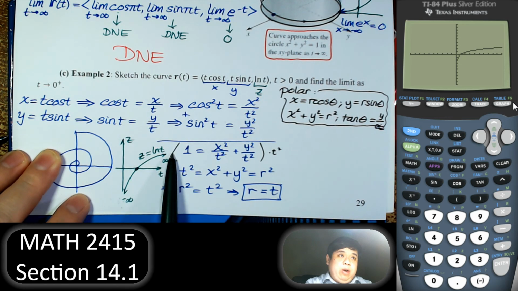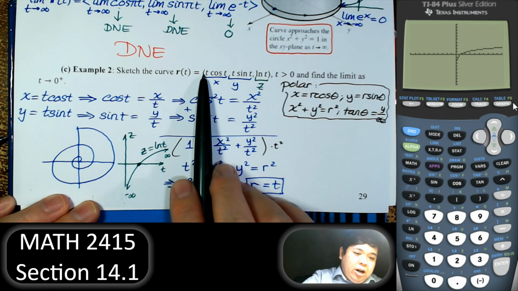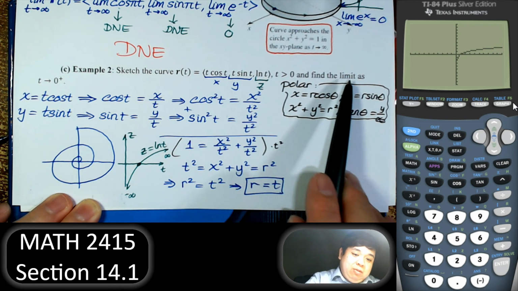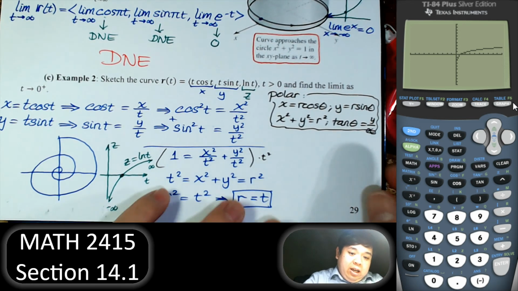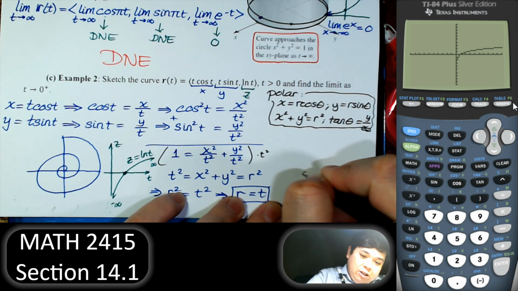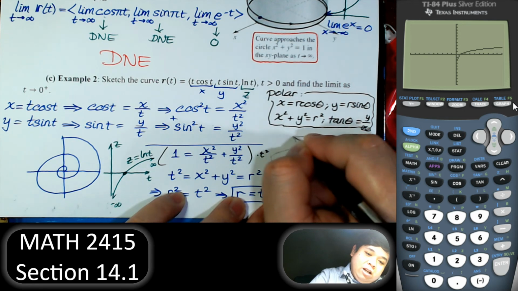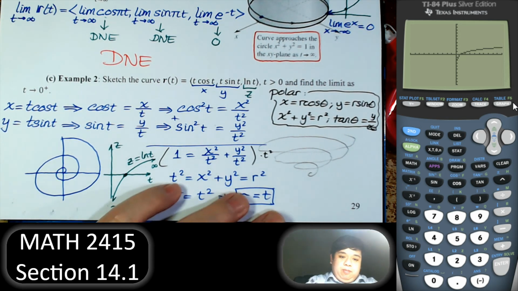Because z is equal to ln of t. This is also increasing. Actually, we worry about the limit of 0 later. But when we put all of this together, what we actually have is the spiral. The altitude just keeps increasing and increasing, and it looks like a tornado.